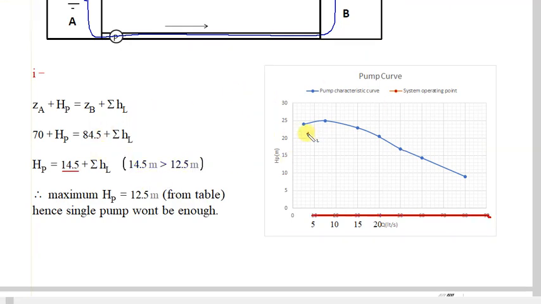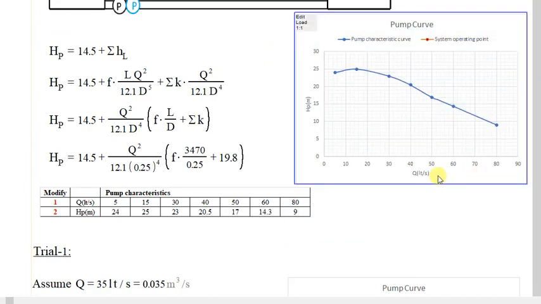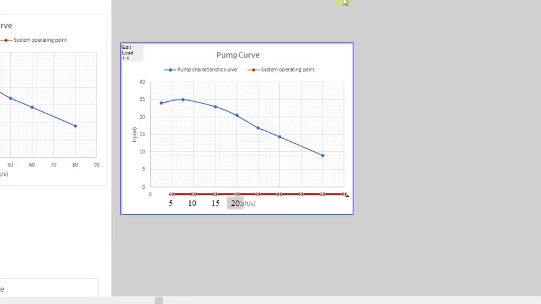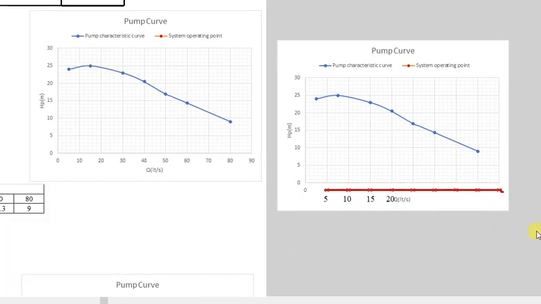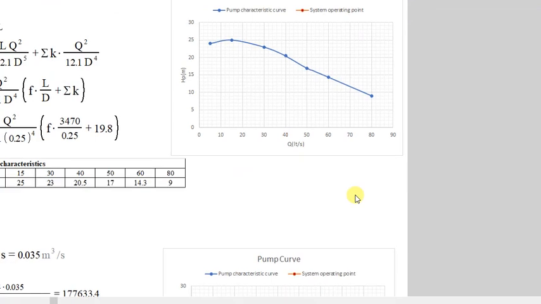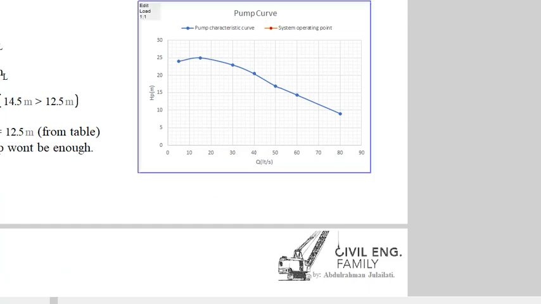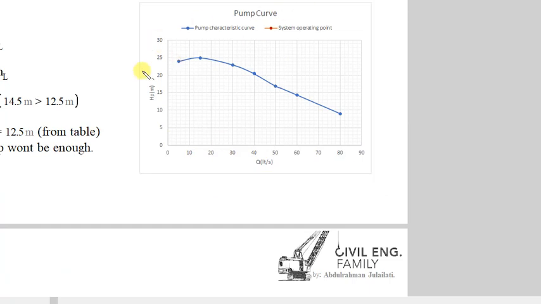shall we draw again another curve and say it will be something like this because it's series? No, what we can say is that already I will hold this one, for example, because we said two in series, this will affect the head of the pump.